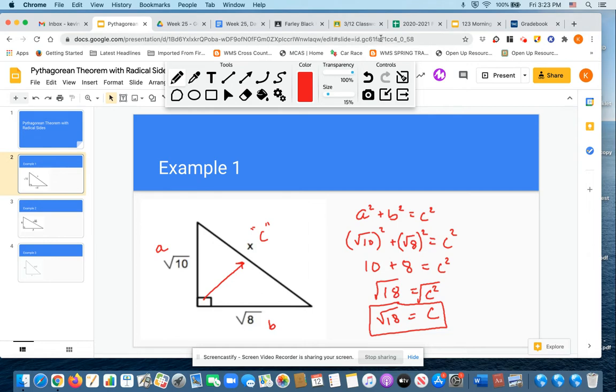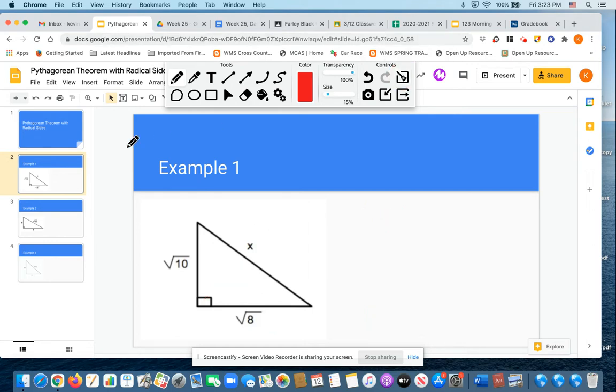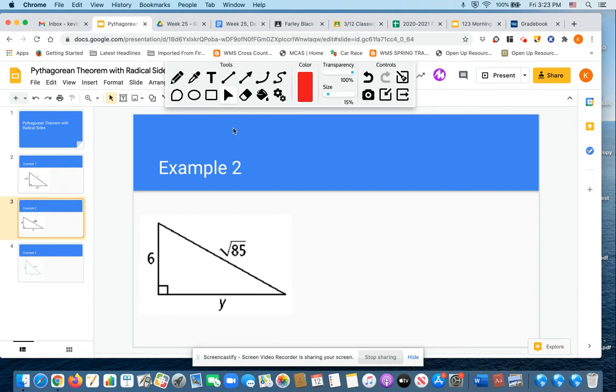So that's the first example. Let's move on to the second example. Second example, same idea. All right, a little more complicated this time because the hypotenuse is given to us, and the hypotenuse, as you know, is the longest side. That is your c.